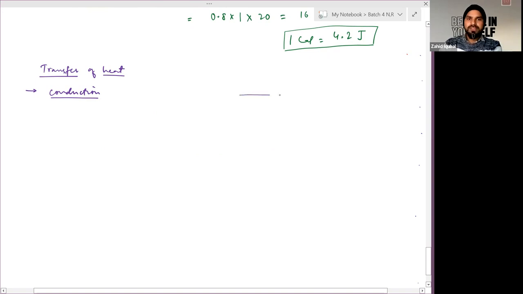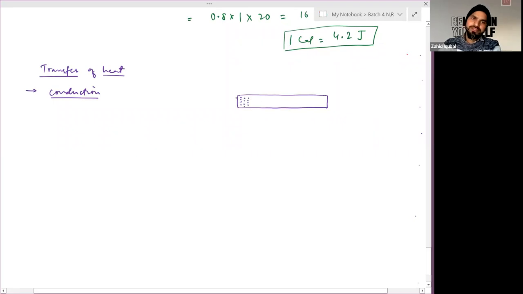Suppose you have a conductor in which particles are arranged in fixed order like this.